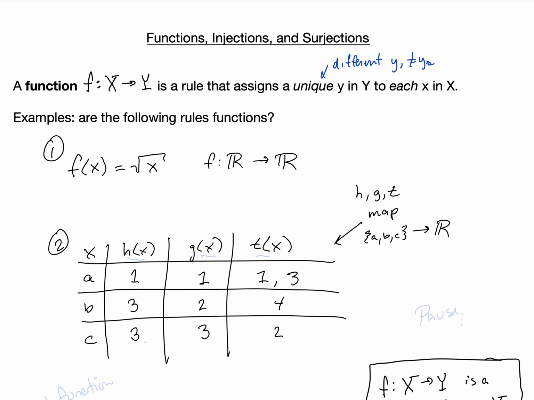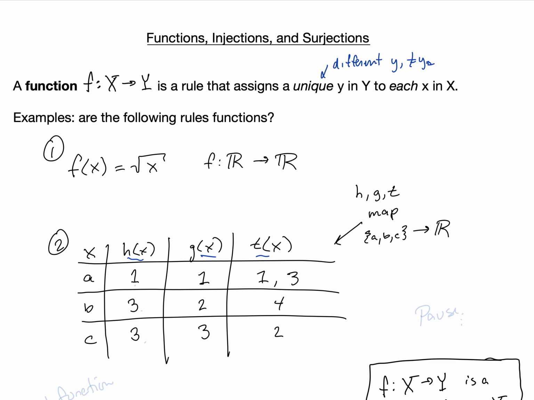So just to think about this definition, are the following rules functions? Let's look first at f of x equals the square root of x, mapping the real numbers to the real numbers. And then next, let's look at these three rules. We have these different rules mapping the set A, B, C into the real numbers.